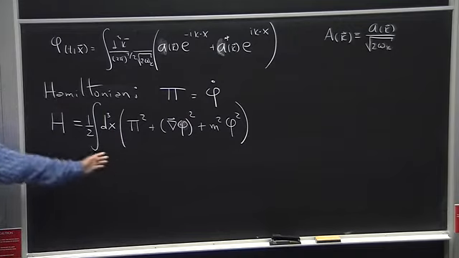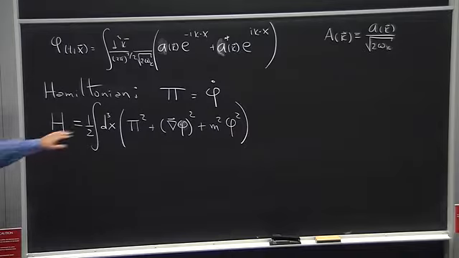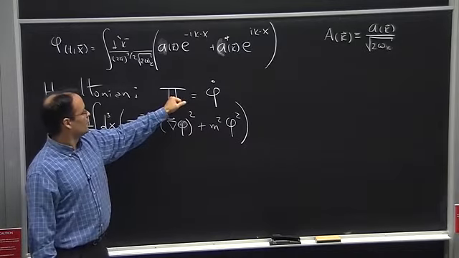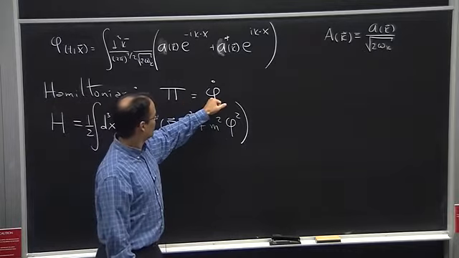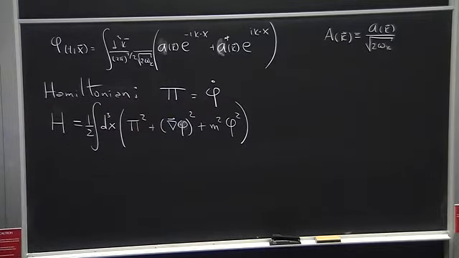But this is precisely the reason we decided to study this theory and not just go ahead with electromagnetism. The reason is that we have our nice canonical momentum conjugate to phi, and we can now proceed as in quantum mechanics, okay?